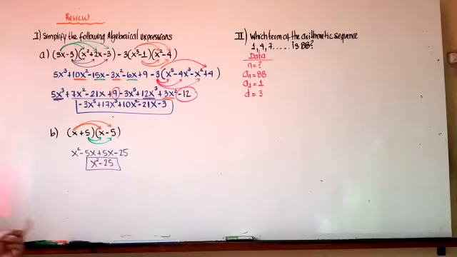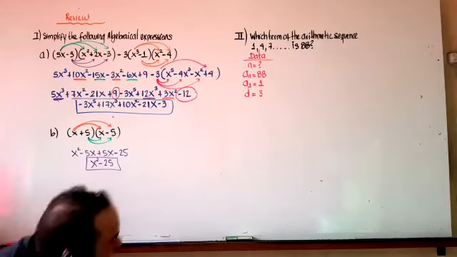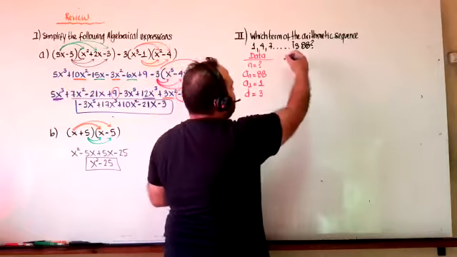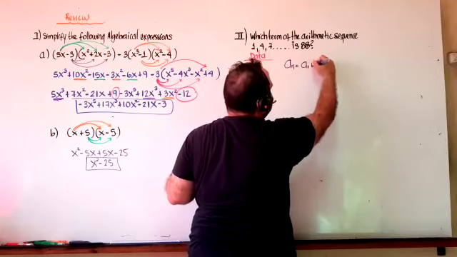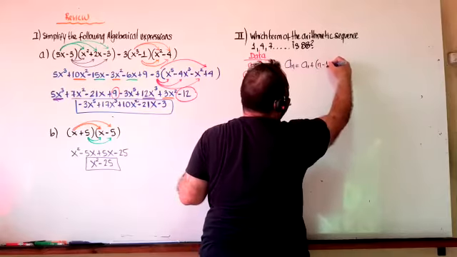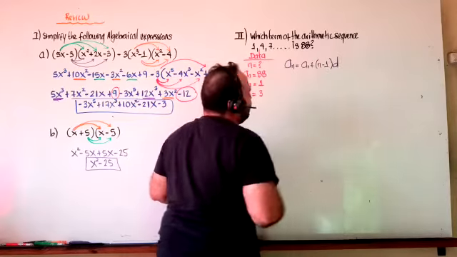This is an acceptable answer, but it is a huge process, and you won't have enough time. So my strong recommendation for this kind of problem is to first create the formula for the nth term: an equals a1 plus n minus 1 multiplied by d.